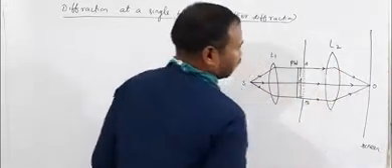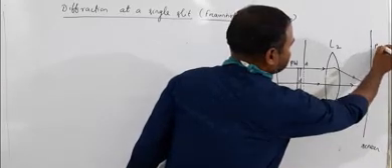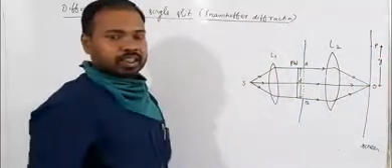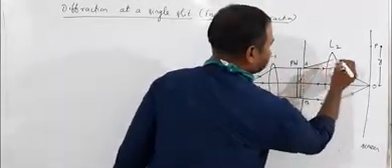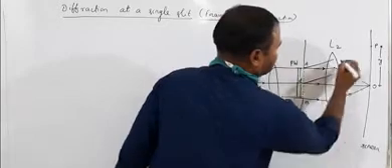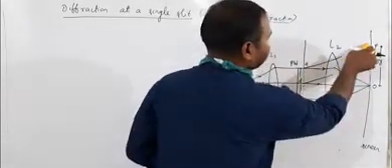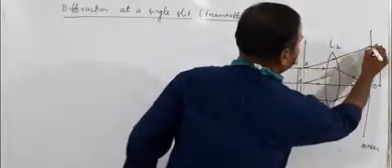Now here, let us take a point P on the screen which is at a distance y from the center of the screen. Light from all parts of the slit reaches point P. Now we will find out whether point P is maxima or minima.